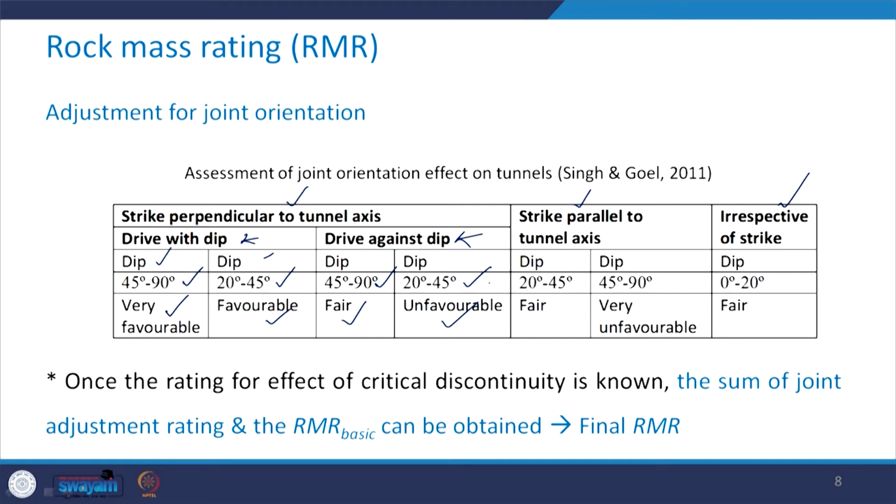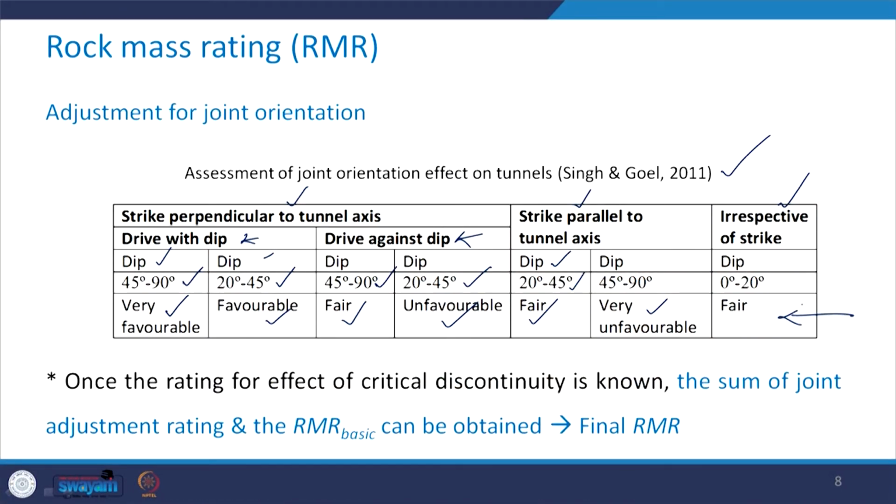Similarly, for case C, where the strike was parallel to the tunnel axis, if you have a dip between 20 to 45 degrees, it is fair, otherwise it is very unfavorable. So this table gives us the idea of how to decide whether the orientation of the joints is very favorable, favorable, fair or unfavorable for the driving of the tunnel.